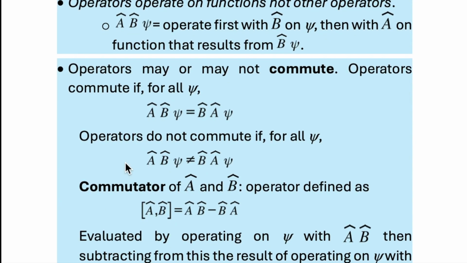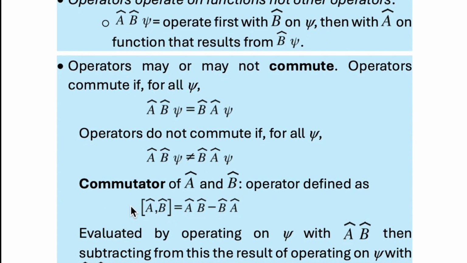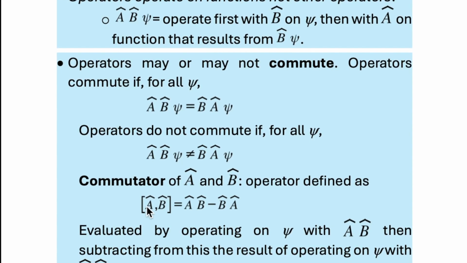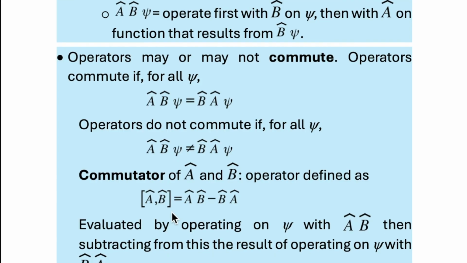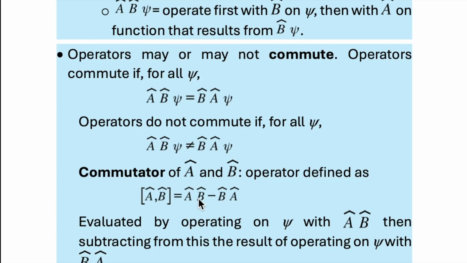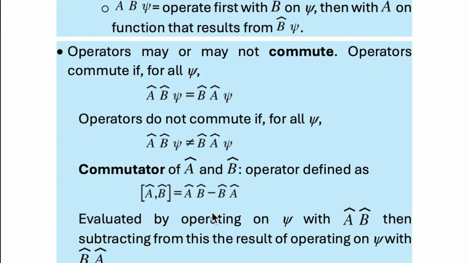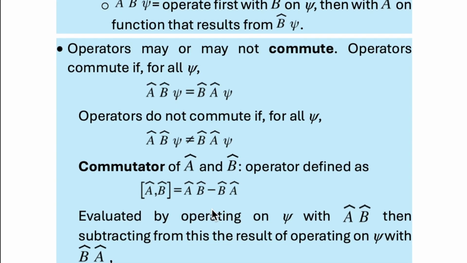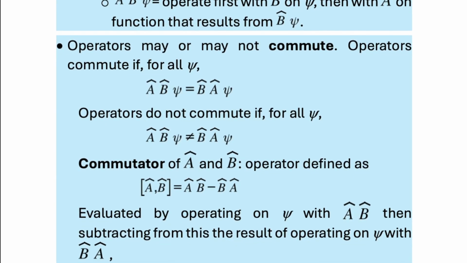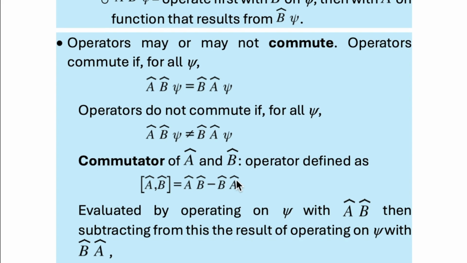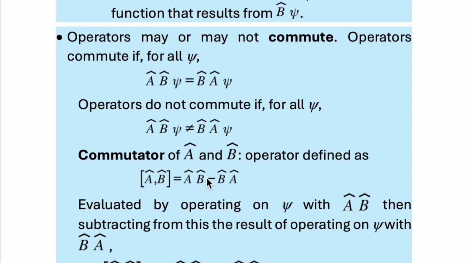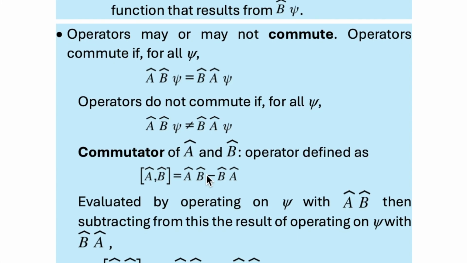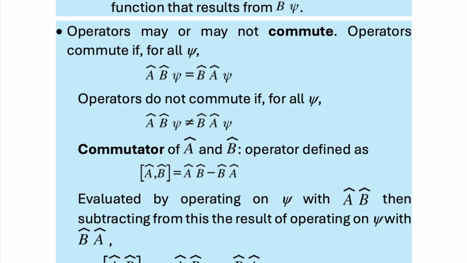So we've developed what we call the commutator. It's given this symbol here, the square brackets A hat comma B within square brackets, and it means that we're going to take the difference between B acting first and then A, and then we subtract off A acting first, then B. When this has a non-zero value, the operators do not commute.